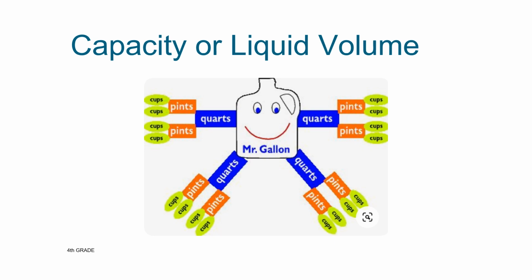We can see from the picture that 4 quarts is equal to 1 gallon, that 2 pints is equal to 1 quart, and 2 cups is equal to 1 pint.